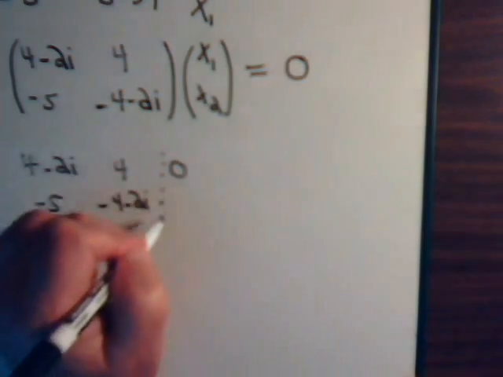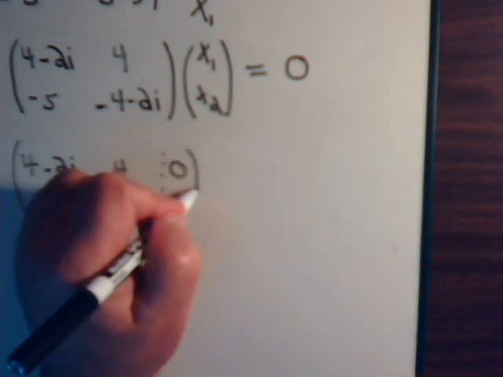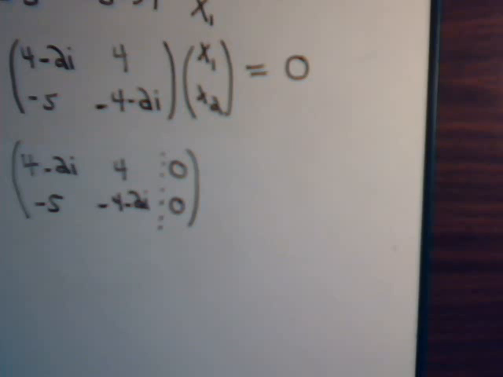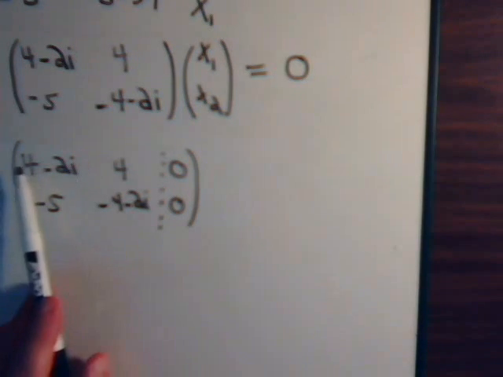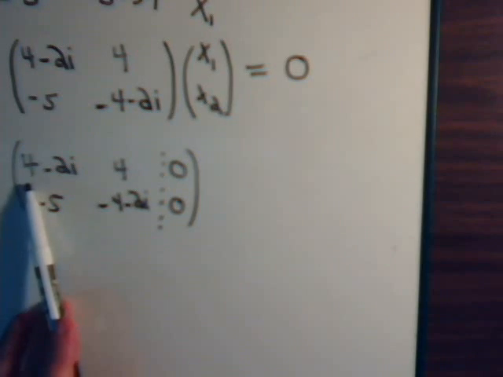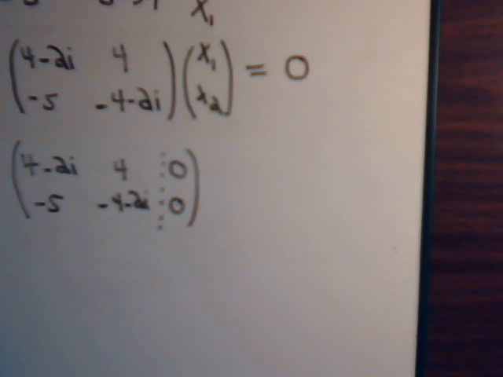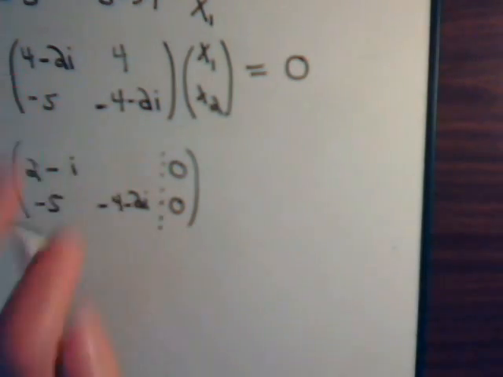And here we have 0, 0. Okay, we can divide this first row by 2, and that will give us 2 minus i, and this will be a 2 here. So dividing the first row by 2 to make it a little bit simpler, we have 2 minus i, and this is 2.